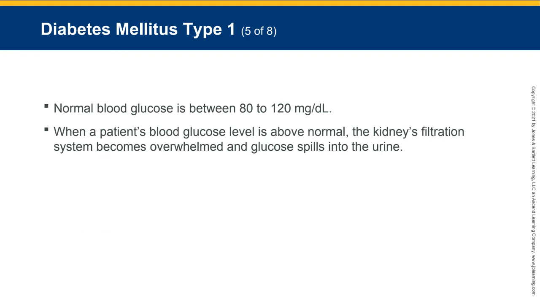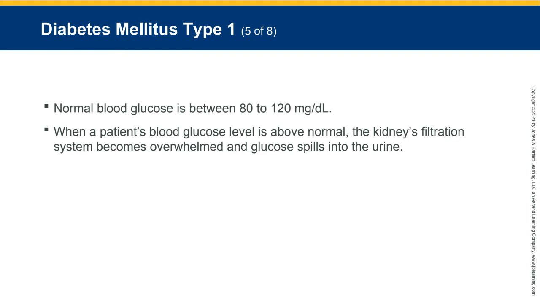Now, a normal blood glucose is between 80 to 120 milligrams per deciliter. So in the States, they use milligrams per deciliter. In Jamaica, we use millimoles per liter.